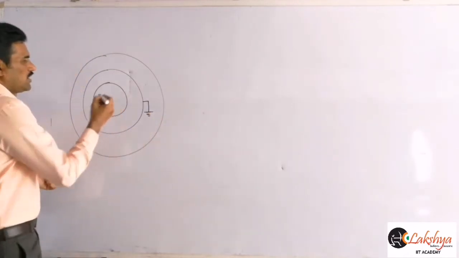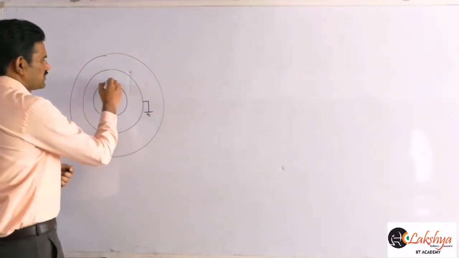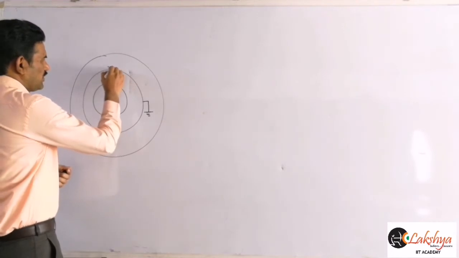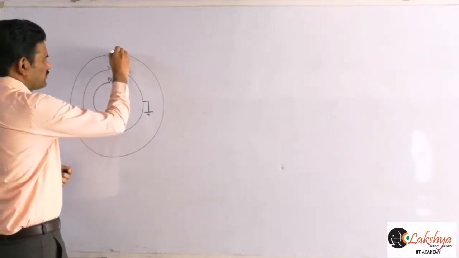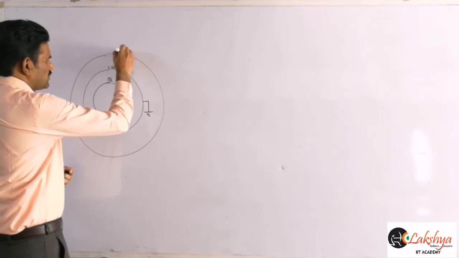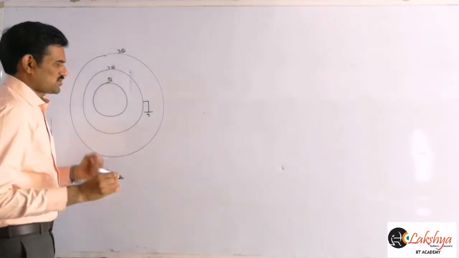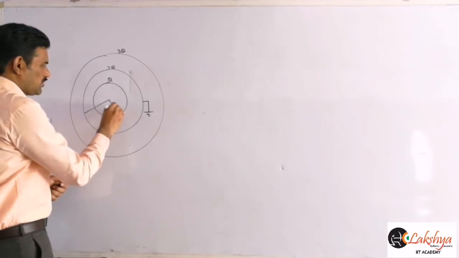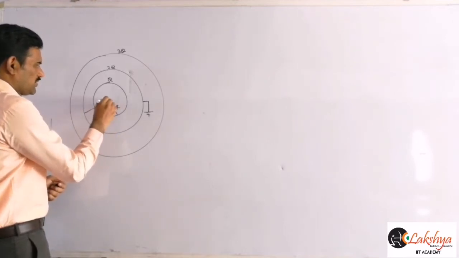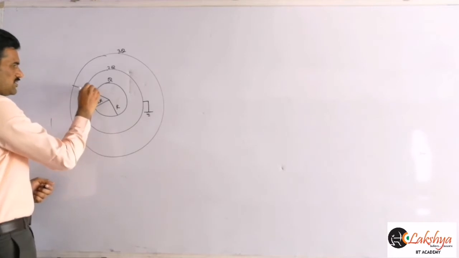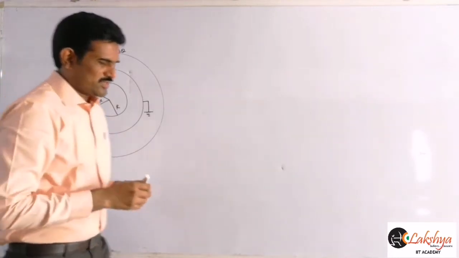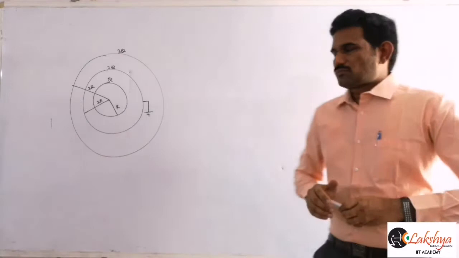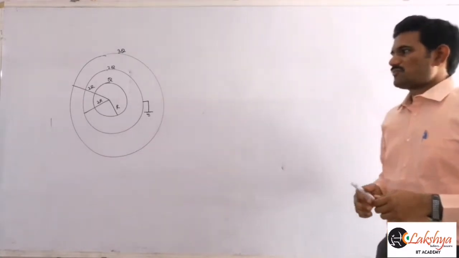Now let us suppose Q is the charge on the inner shell, 2Q on the middle shell, and 3Q is given to the outer shell, right?